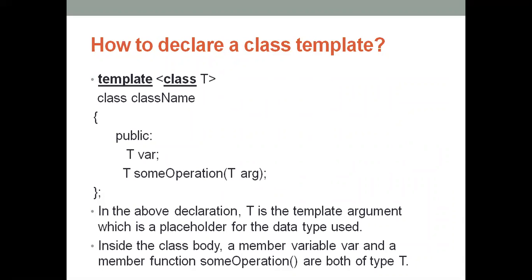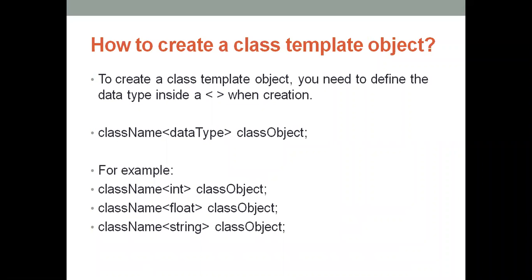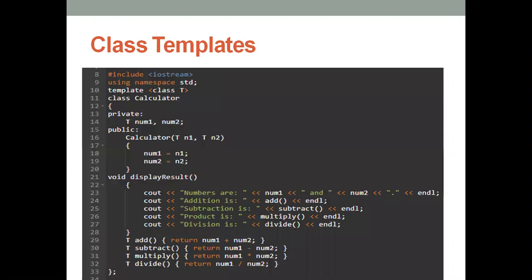And regarding this class, whatever template class you are using, you can create an object in this manner. Assume this is the class name, this is the data type I want to use, and this is the object name. So this is another program for class template, where we have declared the template.